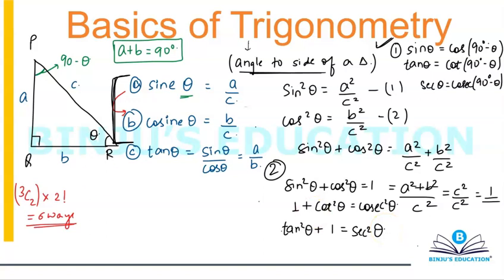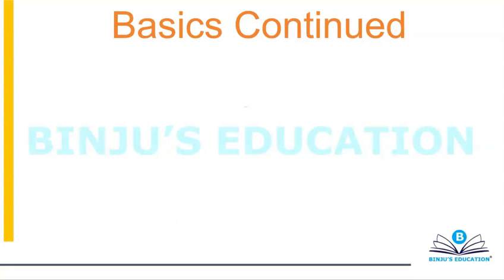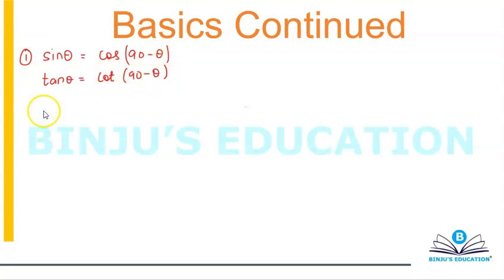So we have learned two things till now. If you have a right angle triangle, then sine theta is equal to cos 90 minus theta. Tan theta is equal to cot 90 minus theta, and sec theta is equal to cosec 90 minus theta.